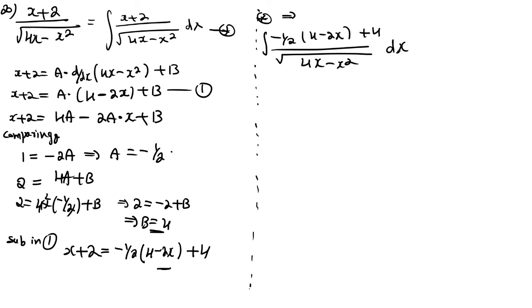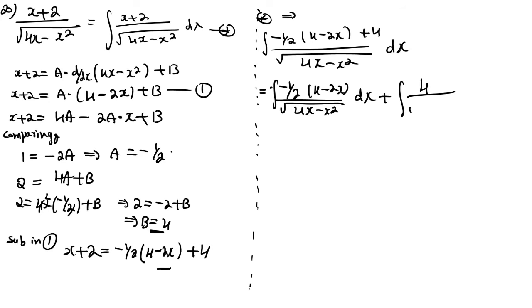You can write it as integration of minus 1 by 2 into 4 minus 2x divided by square root of 4x minus x square into dx, plus integration of 4 divided by square root of 4x minus x square into dx.